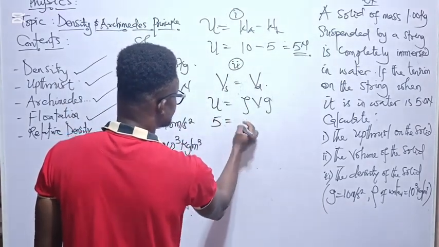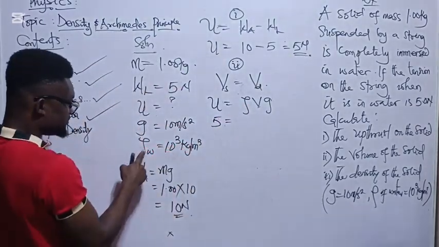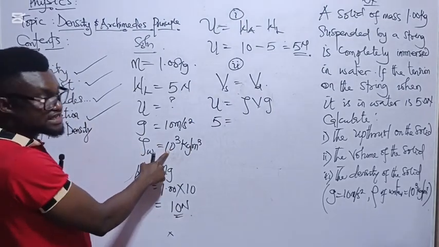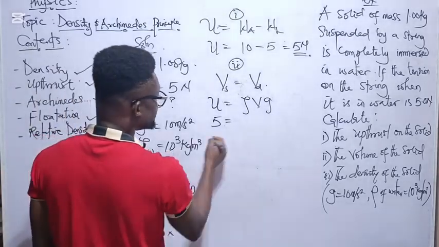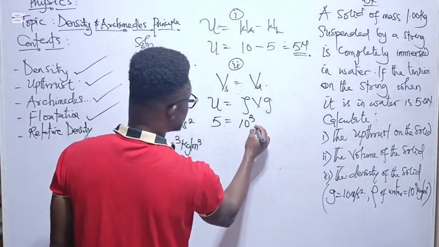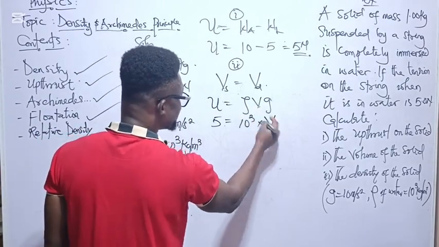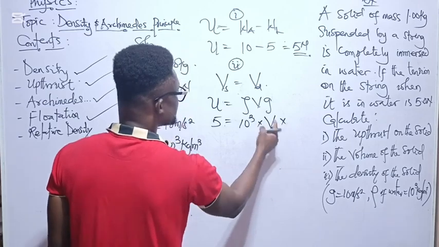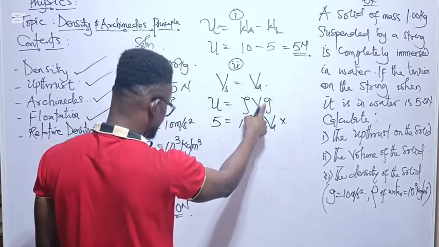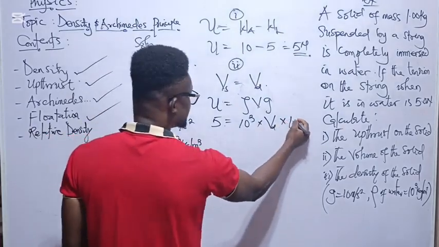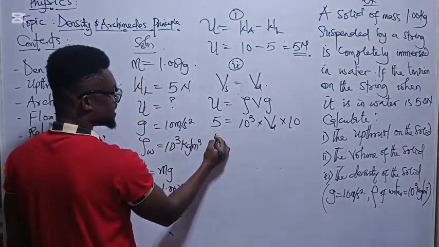We have 5 here. Density is given as 10 raised to power 3, which means 1000. Then times volume. The volume is the one we are looking for, that's the volume of displaced liquid. Then times acceleration due to gravity, which should now be 10.